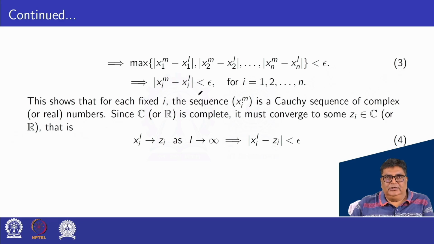Suppose the sequence xli converges to the point zi as l tends to infinity. This implies that |xli - zi| is less than epsilon as per this definition.